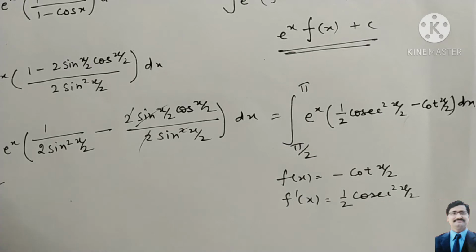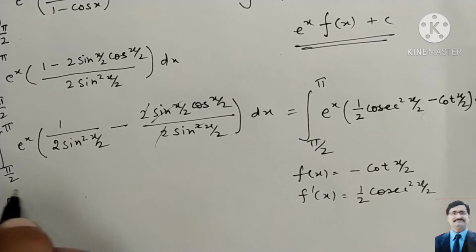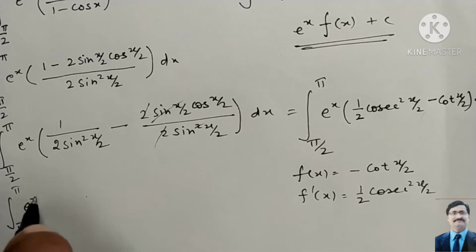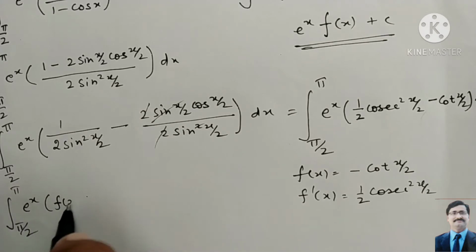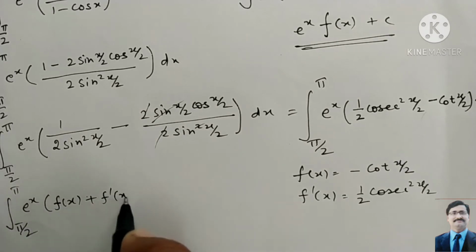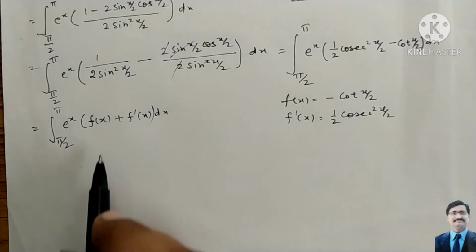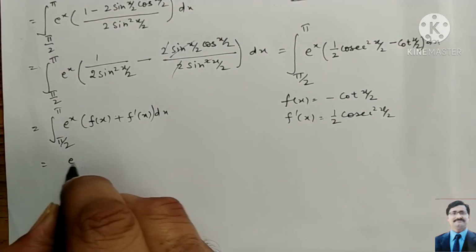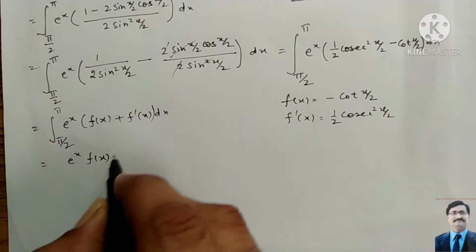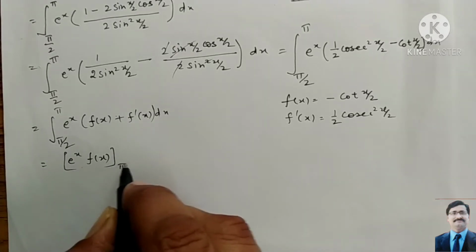So this question changes to integral pi by 2 to pi e power x (fx plus f dash x) dx, and this is equal to, we know already, e power x fx from pi by 2 to pi.